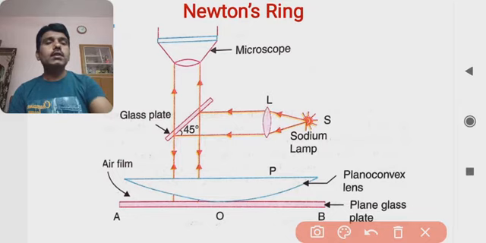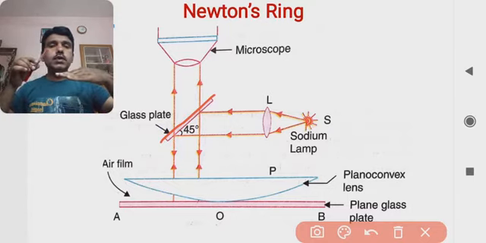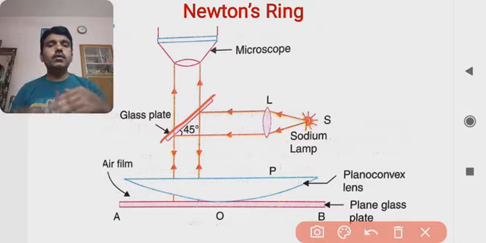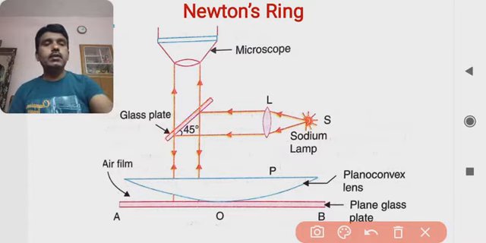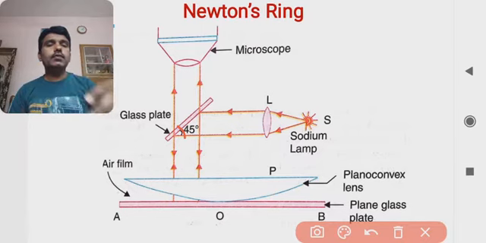After this lens there is a plain glass plate, and light is coming in this direction. This glass plate is situated at exactly a 45 degree angle, and the light rays are incident on it at 45 degrees.